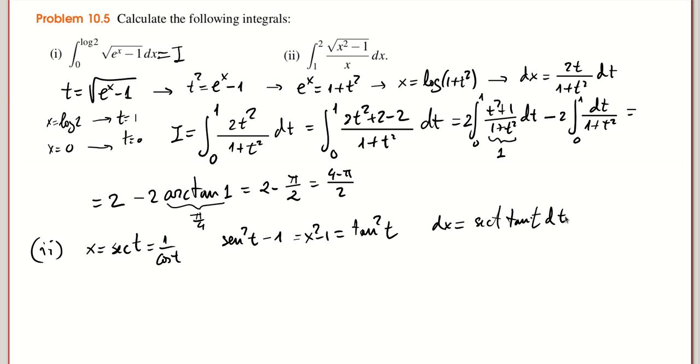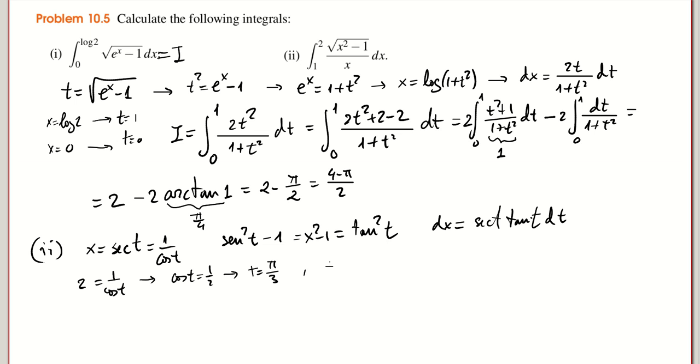One last thing: when x is equal to 2, we have 2 equal to 1 over cosine t, which means cosine t is 1/2, which means t is pi over 3. That's the angle whose cosine is 1/2.